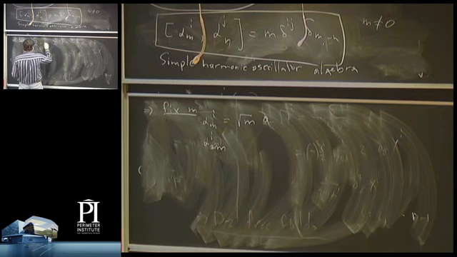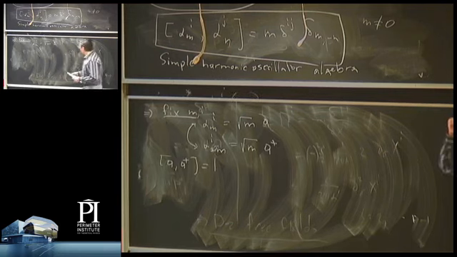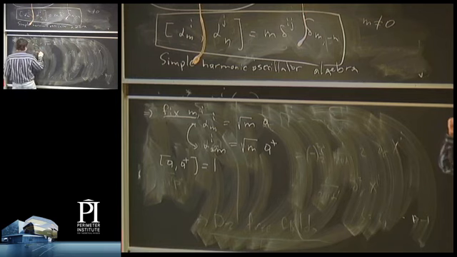I can do this simple rescaling, by square root of m, and I denote this as A. And I have I minus m, that's the other generator of the algebra. So I'm going to call this a dagger.